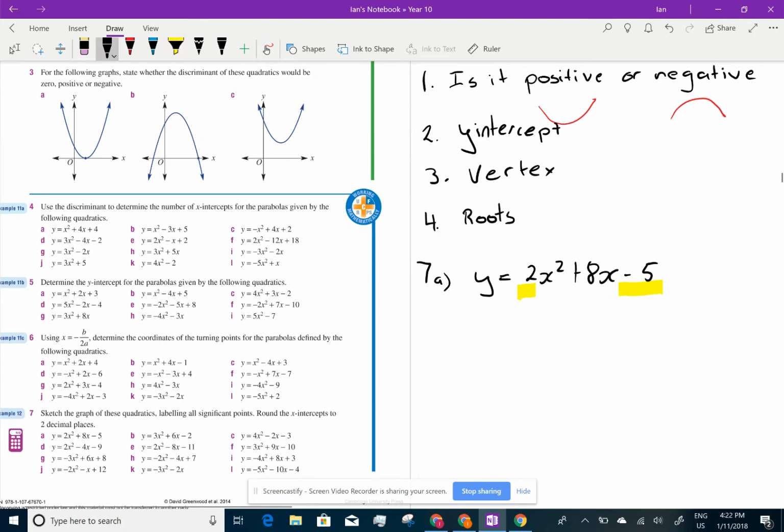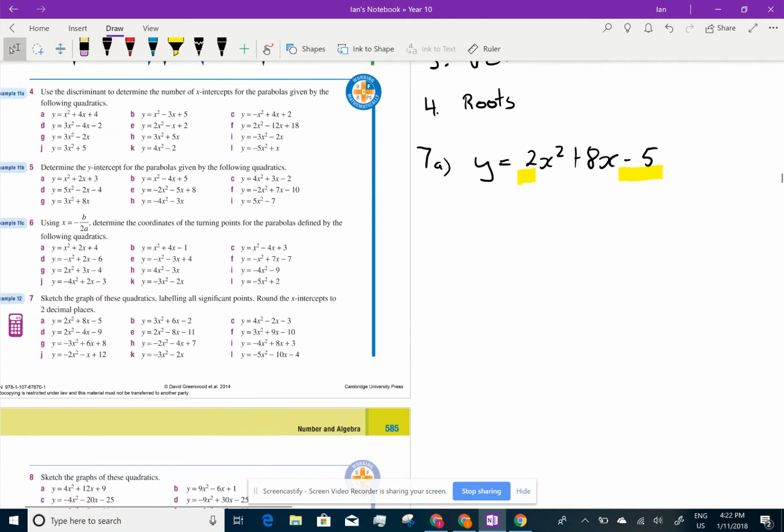But let's go through this. So it's a positive parabola. Its y-intercept is y equals negative 5, because that's where it crosses.